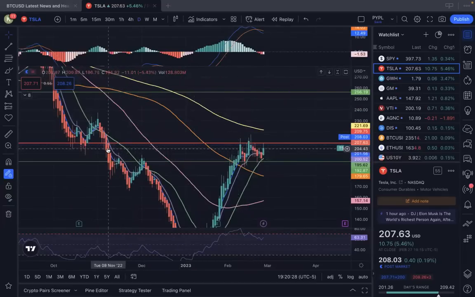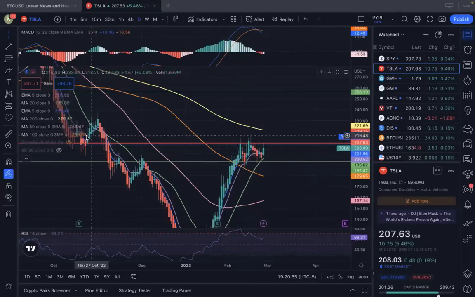That's what I'm looking at. Is there any other resistance, or is there a next support? Okay, here, 192, 195. Around there is a really strong support in my opinion.